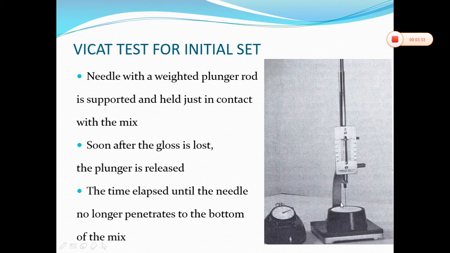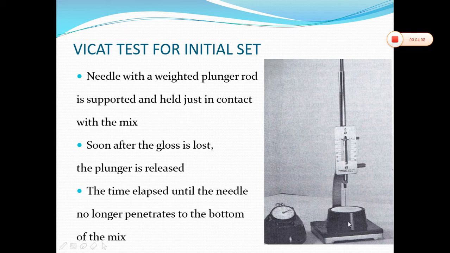Here they pour a mix of gypsum in a bowl or container, and there is a needle and a weight. When they release the latch, the weight presses the needle downward into the mix.